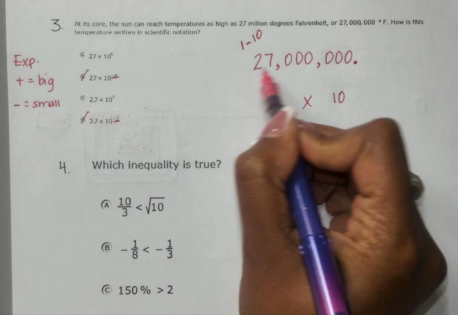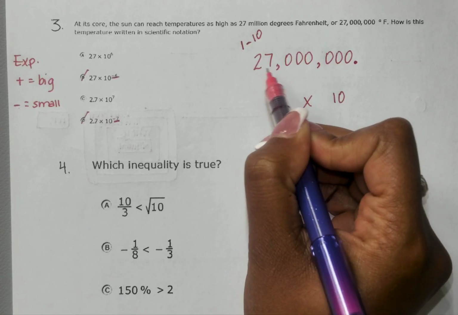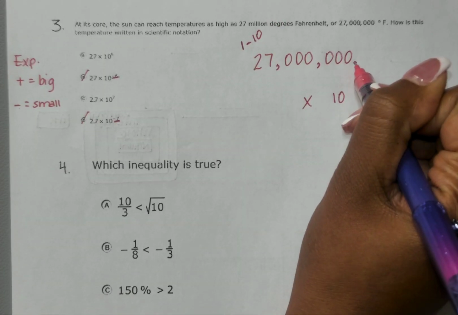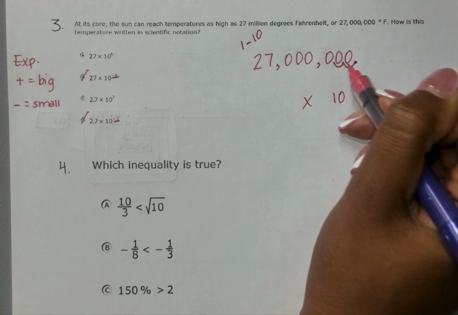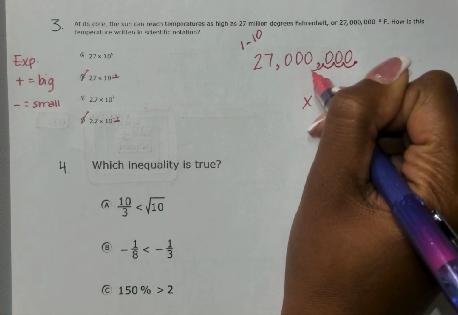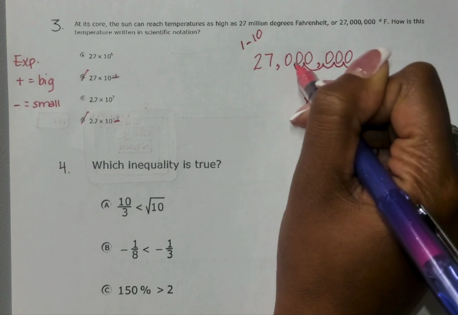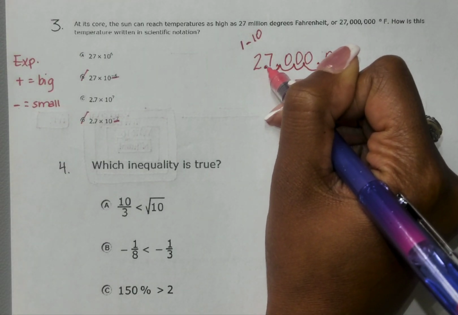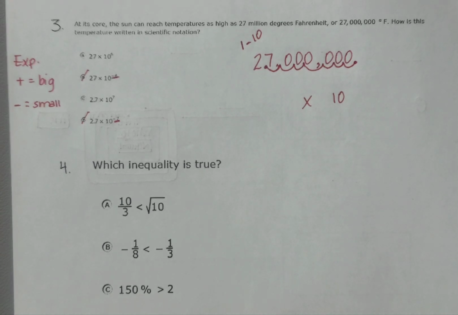Right now, we're looking at the number 27. Well, 27 is not between 1 and 10. So I'm going to move my decimal until I have a number that falls between 1 and 10. If I place the decimal here, I have 2.7, which falls between 1 and 10.